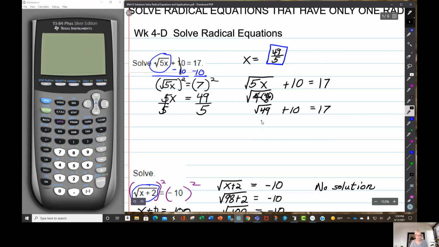The square root of 49 is 7 plus 10 equals 17, and that's true. 17 does equal 17. So this is the solution. 49/5 is the solution.